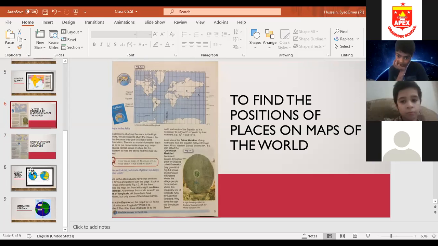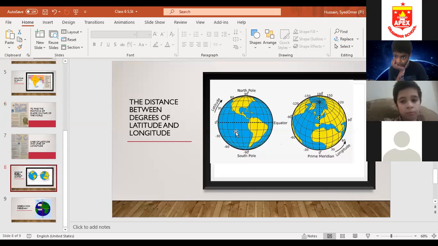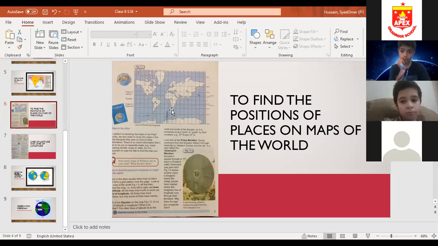So it's easier to find from this map than from this map, because this map is kind of difficult and this map is easy. We can put a dot on the places and match them easily, from the lines of latitude to the lines of longitude.